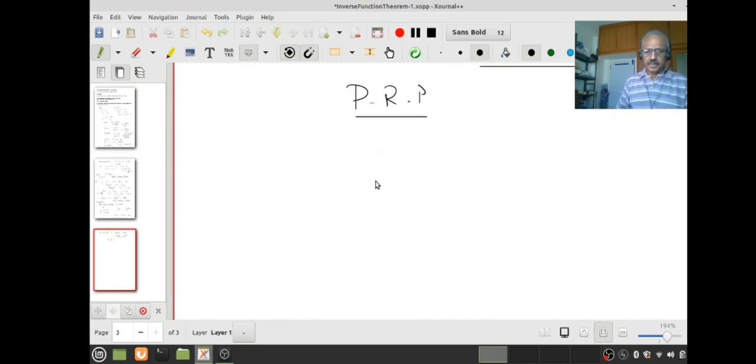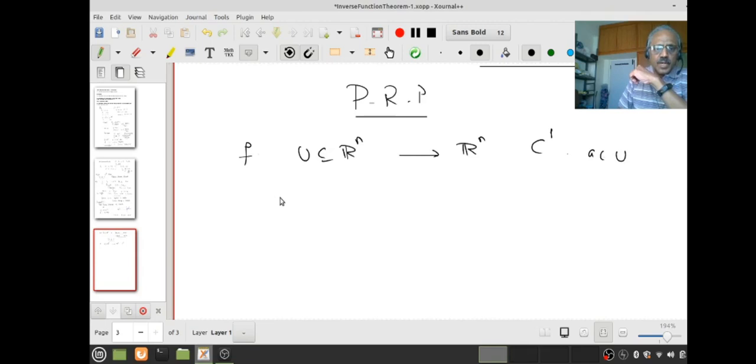Okay, right, the next. Now let's look at a function f from a subset u in Rn, and let's assume the function is C1, that is, continuously differentiable. And let's fix a point a in u. Right, now what do we know? The derivative D of a is essentially a linear approximation.